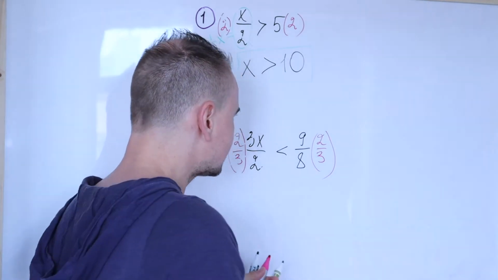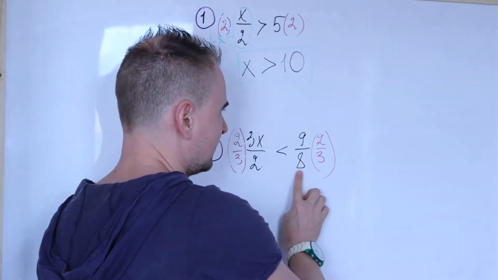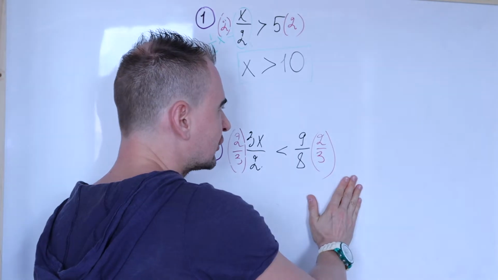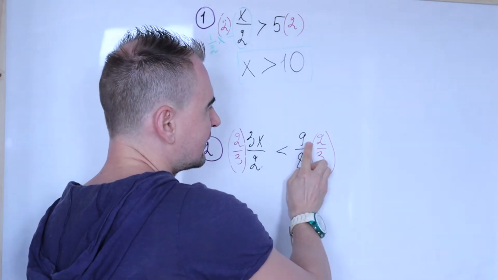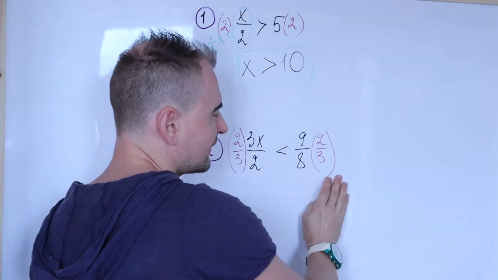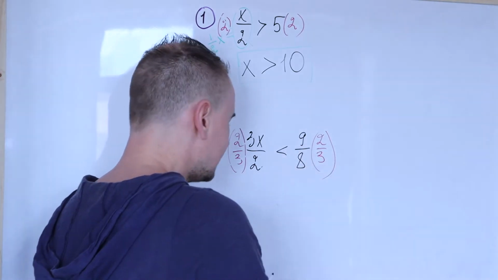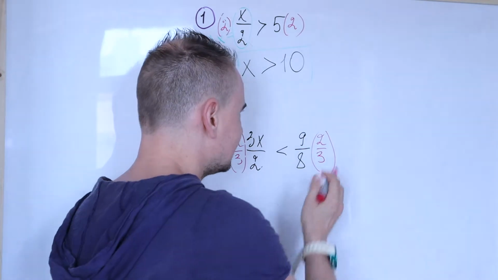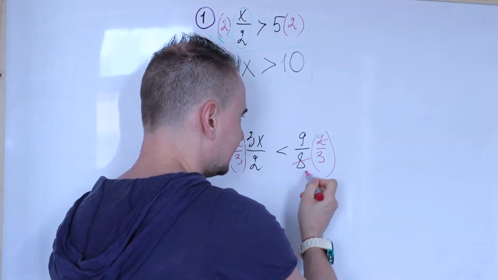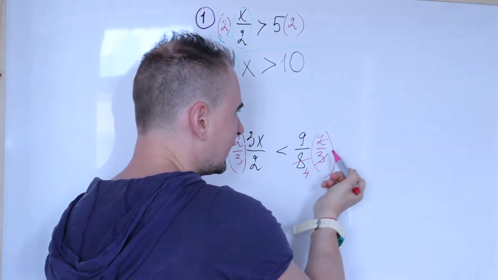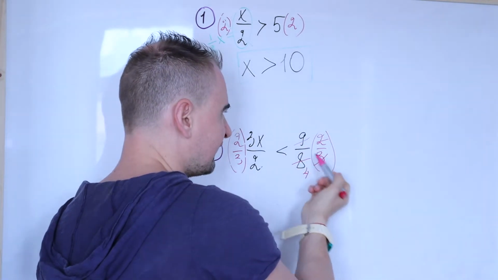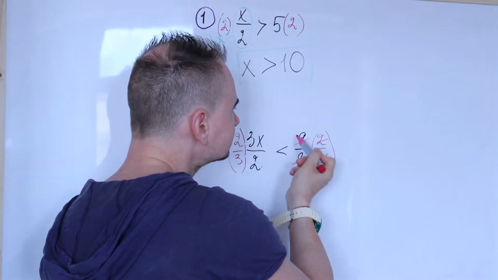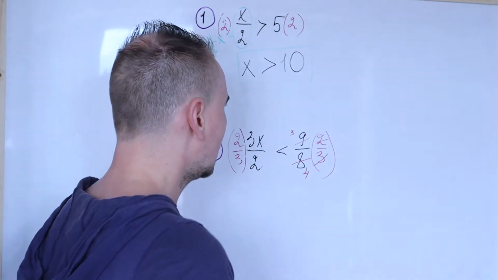On the other side, you multiply two fractions straight across, the top straight across and the bottom straight across, but in this case you could do cross cancelling, since 2 goes into 8 4 times and 3 fits into 9 3 times.